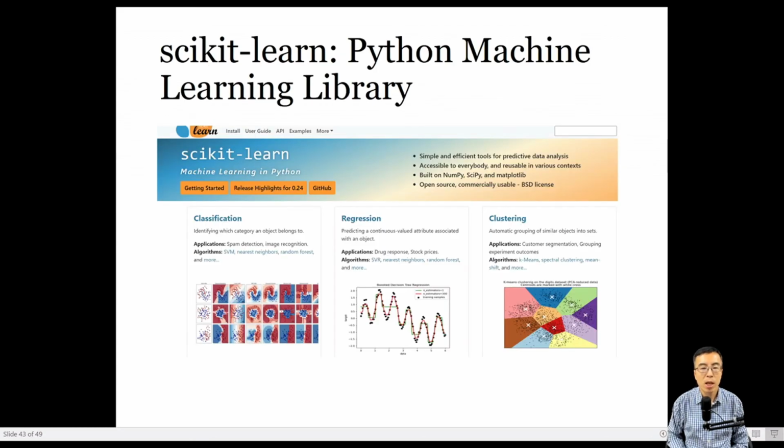Now let's briefly talk about the commonly used modules or libraries pertaining to machine learning in Python. Scikit-learn is the backbone for doing machine learning and probably the default and the most widely used library for machine learning models.